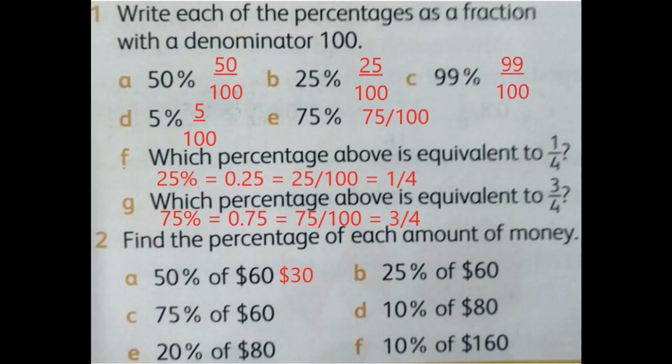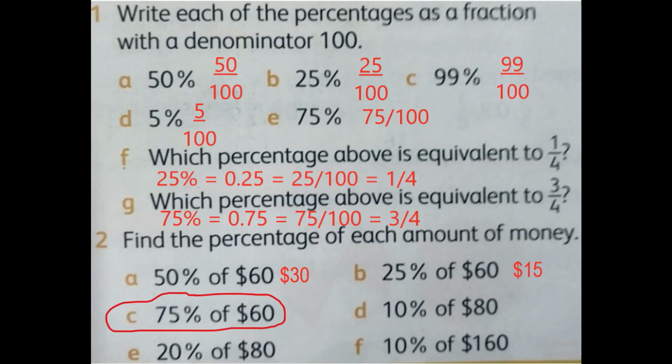So I'm basically going to take $60 and divide it by 4, which gives me $15. And I know that $15 is 1/4 of 60, because if I multiply 15 by 4, I'll get 60. So for letter B, 25% of $60 is $15.